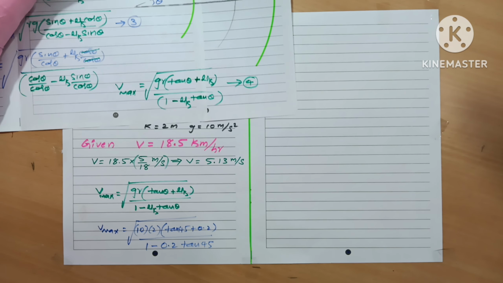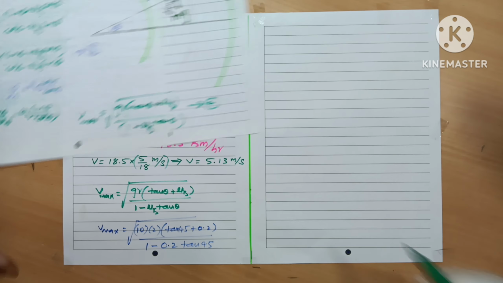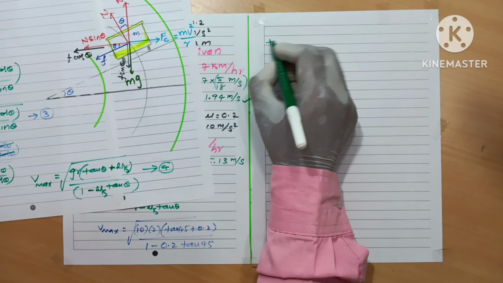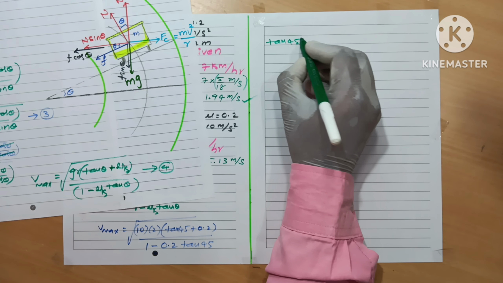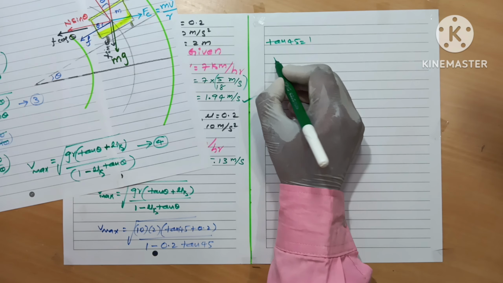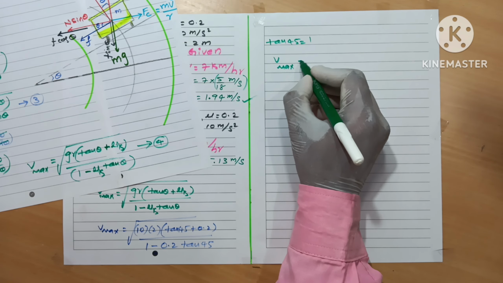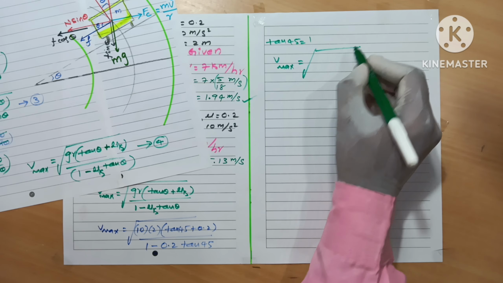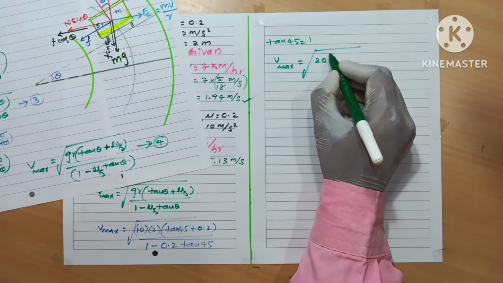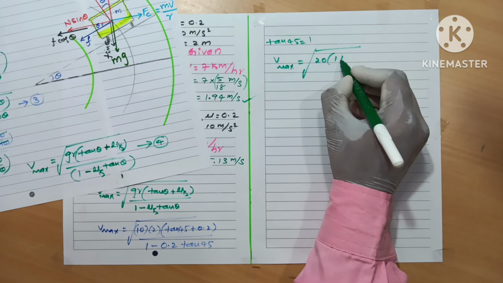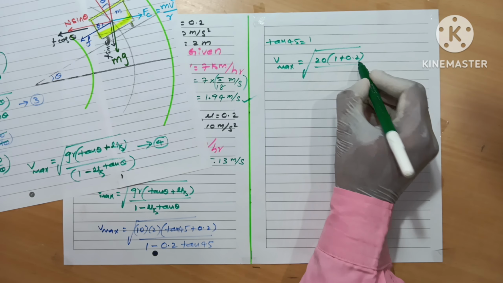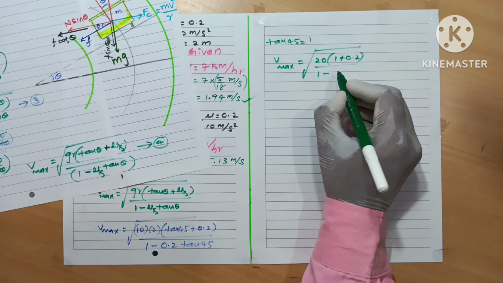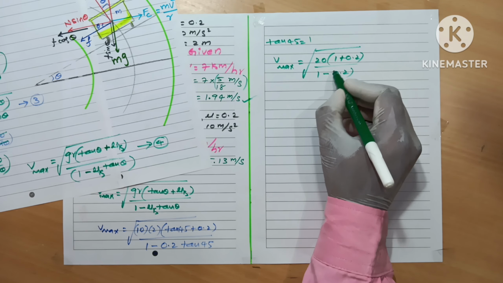See student, tan 45 is equal to 1, and the values are replaced. Vmax, already replaced, is root of 20 into tan 45 which is 1, plus 0.2, divided by 1 minus 0.2.